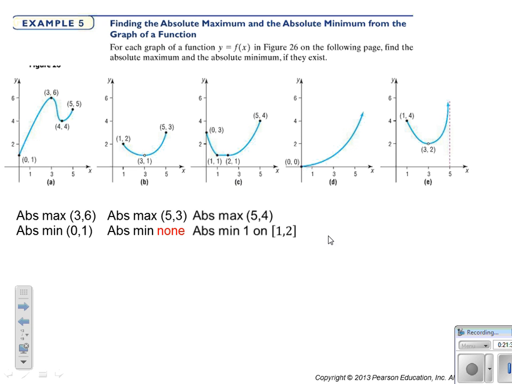For D, we do not have an absolute max because it goes on forever to positive infinity, but our absolute min is at 0, 0. And then for E, there is no absolute max and there is no absolute min, none and none. I think these are the craziest scenarios you will probably ever see when determining absolute max and absolute mins. In all my years I have never encountered anything as crazy.